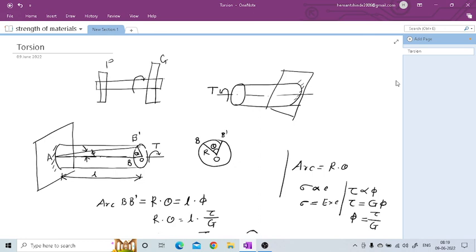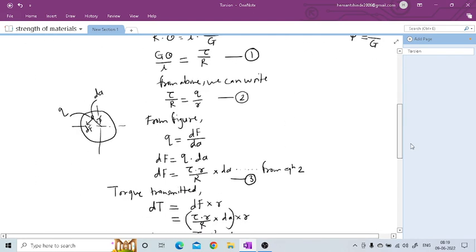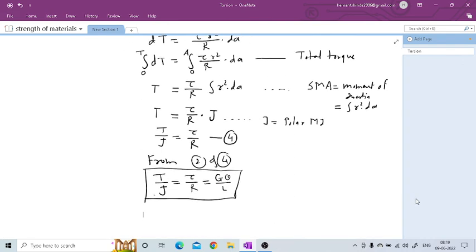So torque, radius of shaft, length of shaft, angle of twist, and shear strain are going to come. And the formula will be T by J is equal to tau by R is equal to G theta by L.